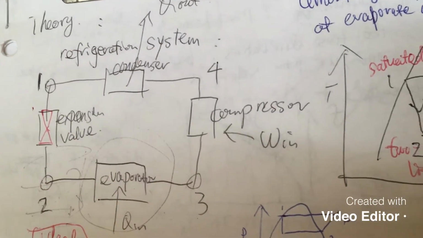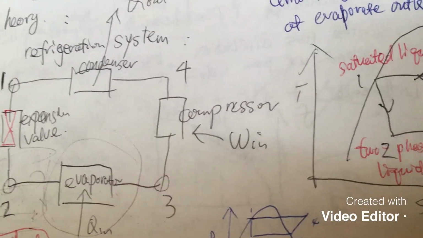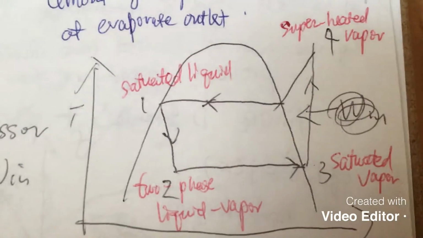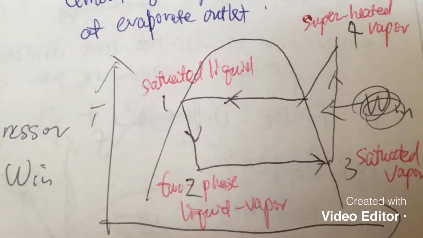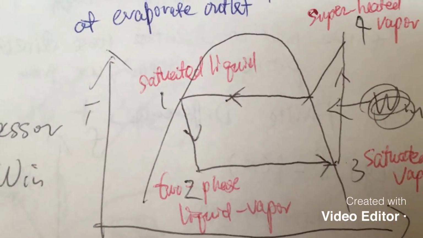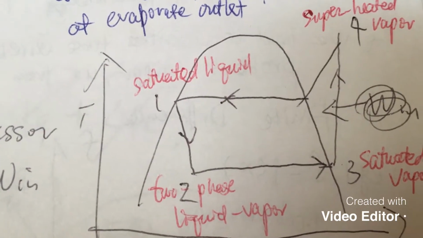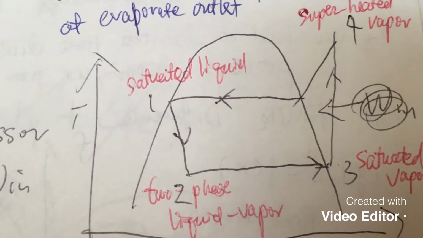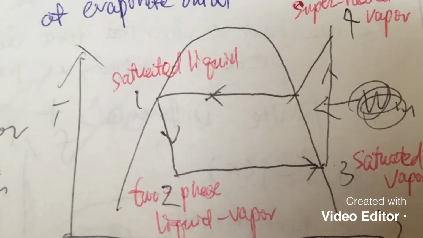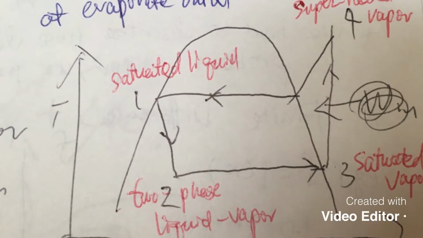Starting from 2 to 3, before and after the evaporator. When the refrigerant fluid enters the evaporator, it is a two-phase mixture, right? Liquid vapor. And it receives heat in the evaporator from the environment.